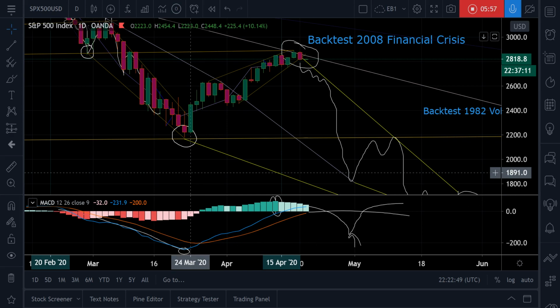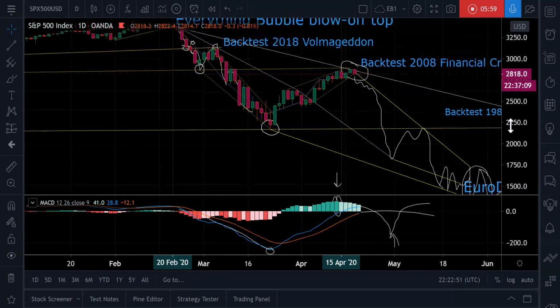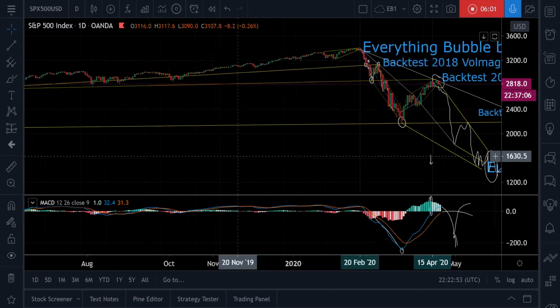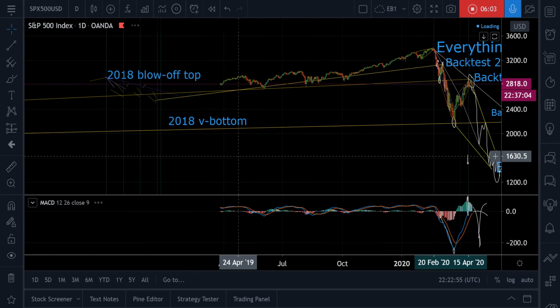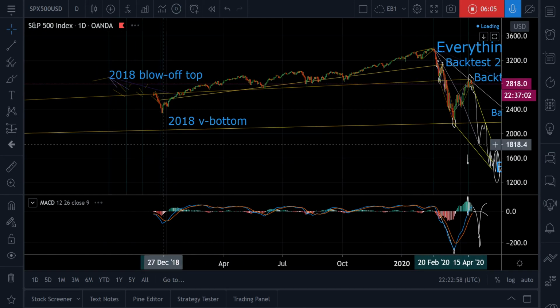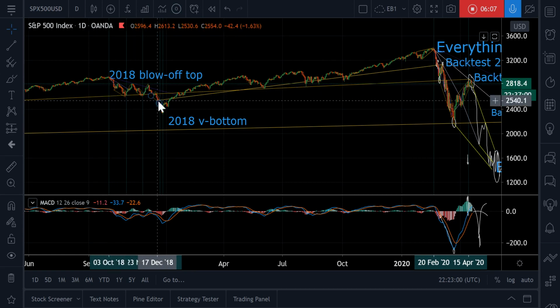And then I wanted to talk about the trend lines a little bit. People have been asking me about the trend lines, and you can see this is the Volmageddon crash here.